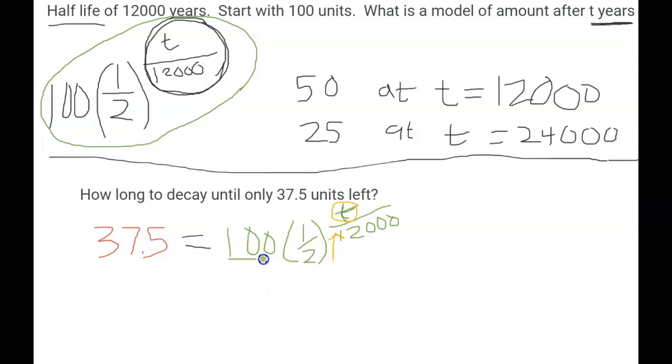We never really needed the 100. That just moves the decimal over 2. So this is really going to be 0.375 after I divide by 100. We never really needed that except to realize, oh, divide on both sides. We'll have a simpler equation to deal with. Now the original 100 is taken care of.